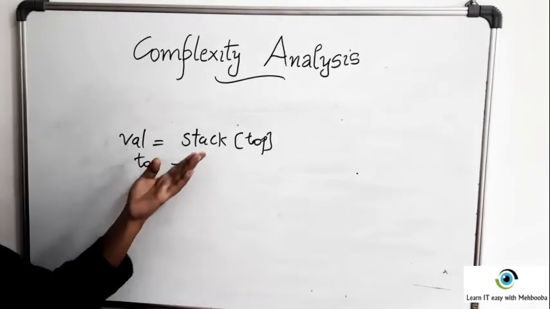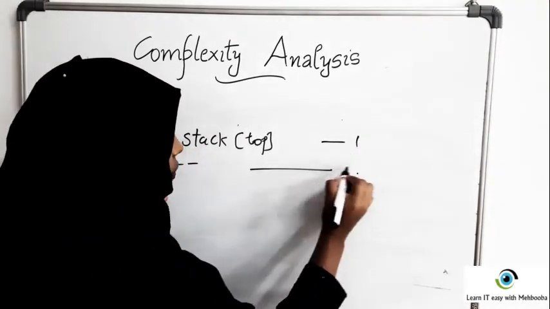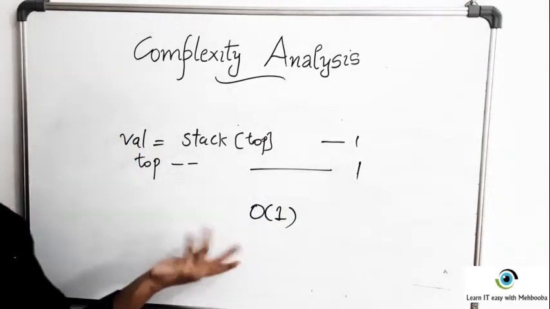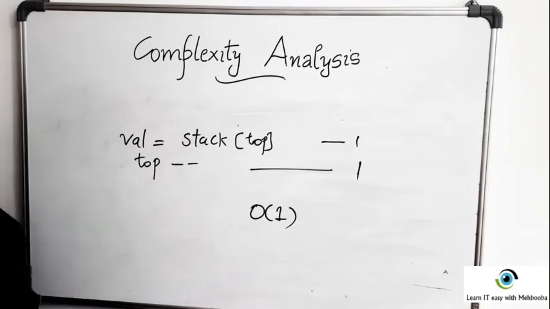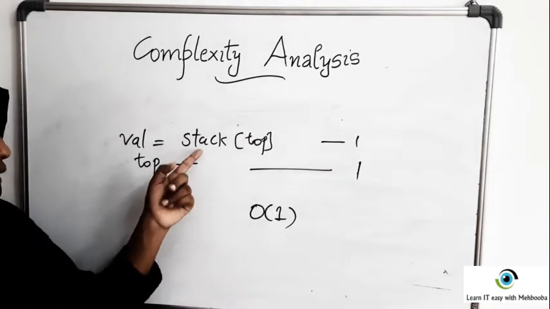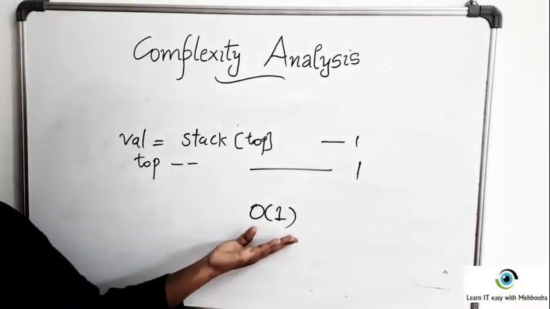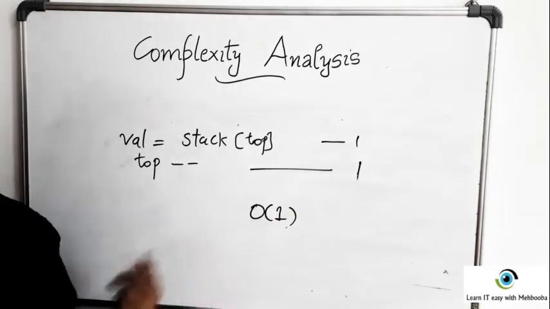So see, this code will be executed just once, and this code will be executed just once. That is, the complexity of the pop function is 1. Even if the stack contains 10,000 elements, pop will execute these two statements once each. So a constant number of executions is required, so the complexity is order of 1.